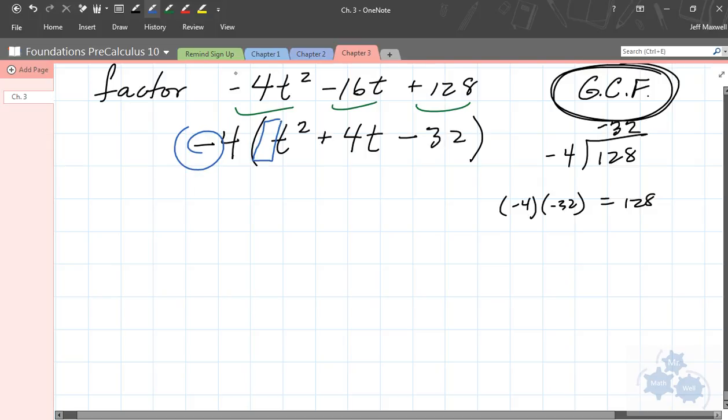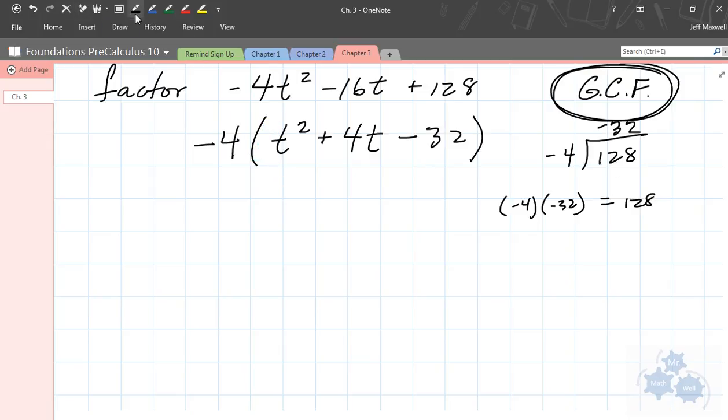Whatever, if this is negative, you should make the greatest common factor negative. Does that answer your question there? Do you see how I can divide a positive number by a negative number? No problem. The result is just another negative. So negative 4 times negative 32 is positive 128. Make sense? I did that because I want this to be positive right here.